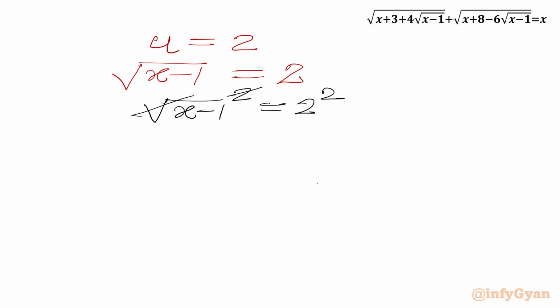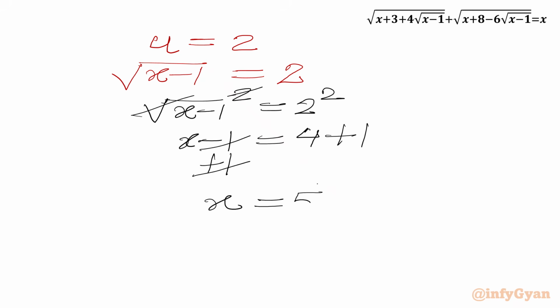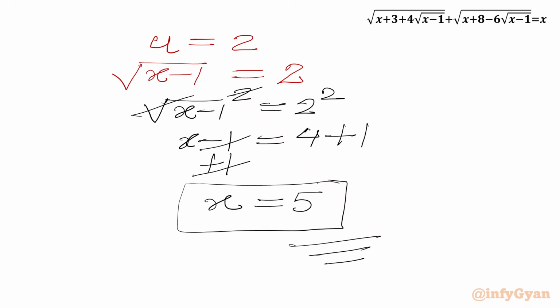Square root and square will get over. We will write x minus 1 equal to 4. Now we have to add 1 to both sides. We'll cancel plus and minus 1. We are going to get x equal to 5. So x equal to 5 is the only real solution for our equation.